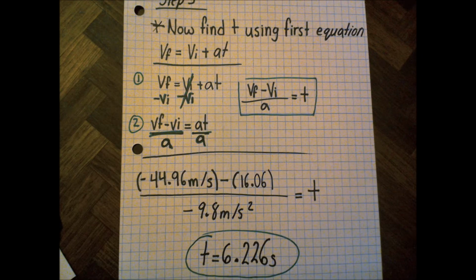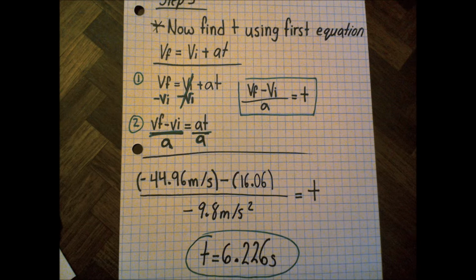Now that we have solved for vfy, we can finally try to solve for t. We will solve for t using the first equation from our card, vf equals vi plus at. We algebraically rearrange it so that t equals vf minus vi divided by a.